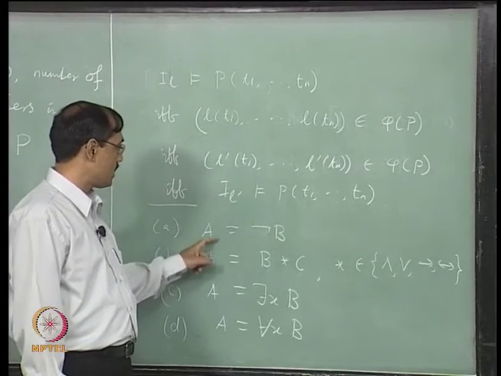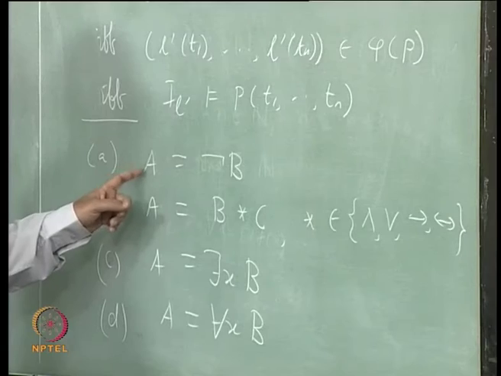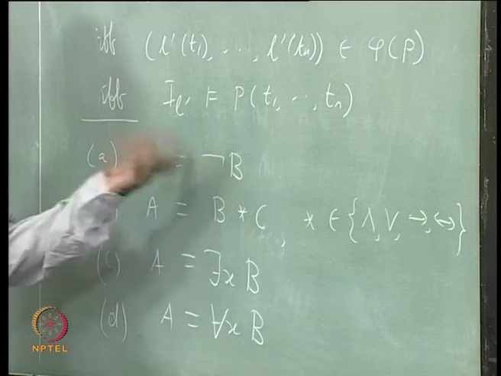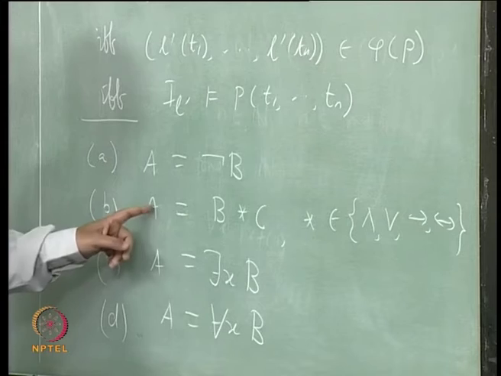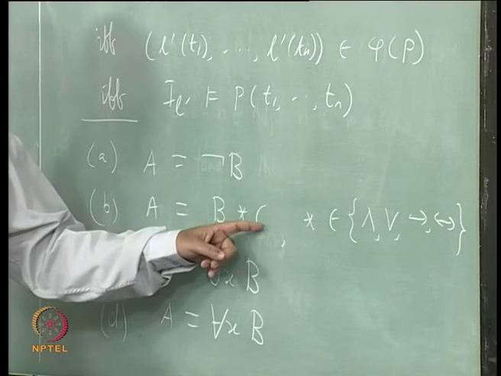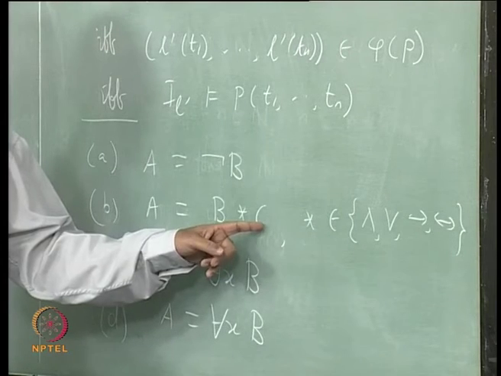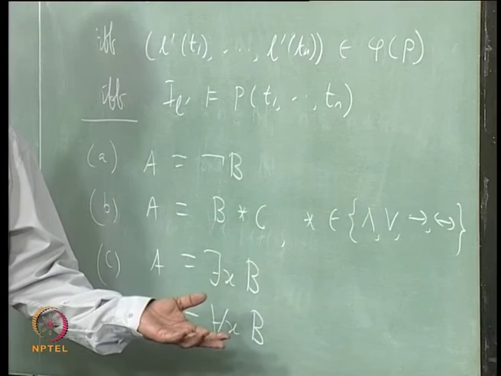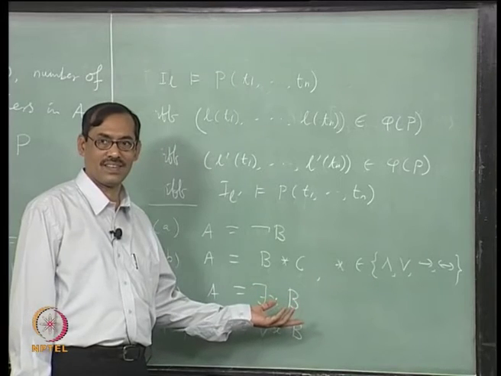Now, if A is having k plus 1 as nu of A, then nu of B is k, one connective less, and if A is B star C, then B and C will have nu less than or equal to k. That is why you need strong induction, right.